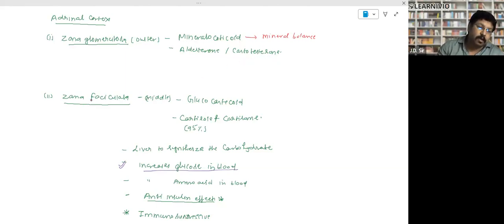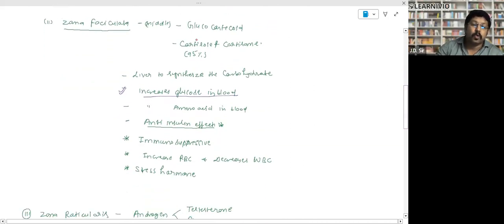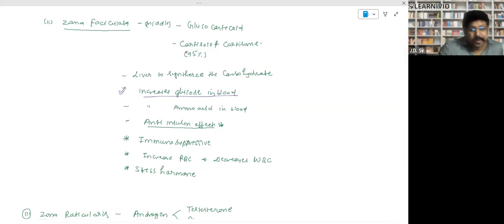Then the next layer of the adrenal cortex is zona fasciculata. Zona fasciculata is the middle layer, and it secretes glucocorticoids. They secrete cortisol, right? Their function is to let the liver metabolize carbohydrate. They increase the glucose in the blood.